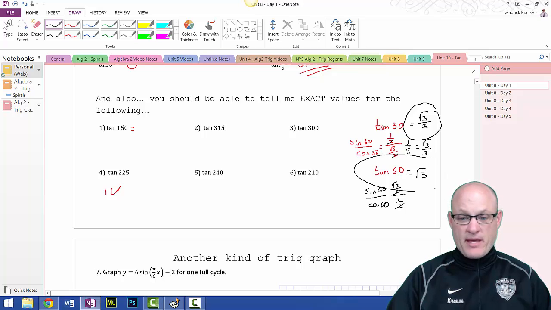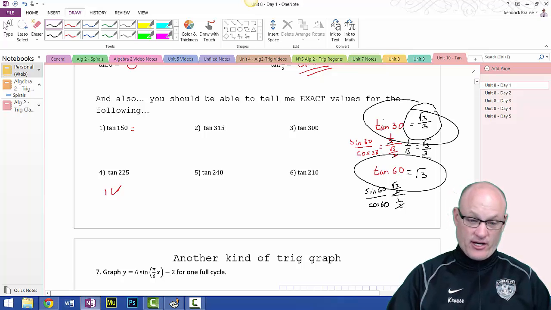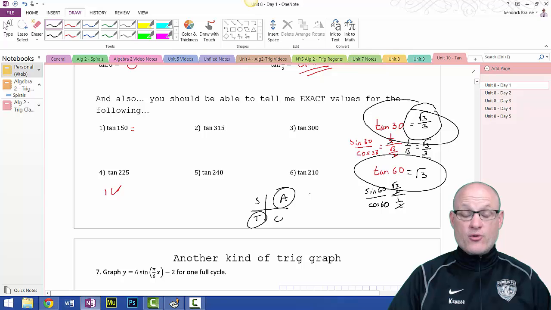So these are the main two you need to memorize, but they're going to help you memorize these. Now, oh wait a second, tangent, all students take calculus, tangent's positive in 1 and 3. So in the second quadrant, it's negative. It's got a reference angle of 30, negative square root of 3 over 3.